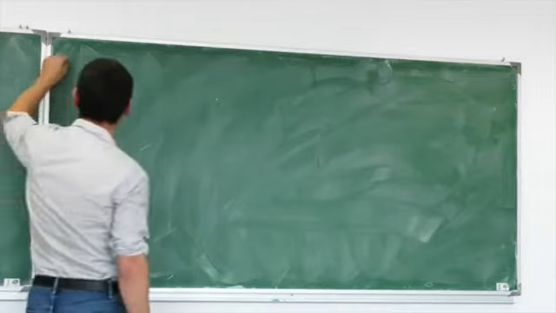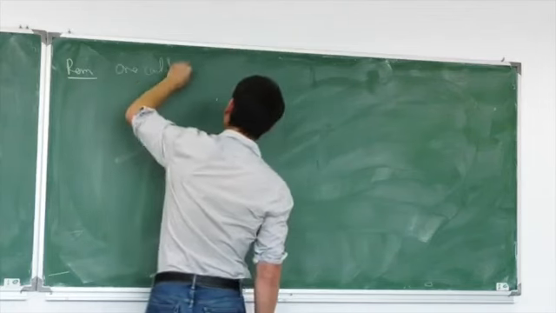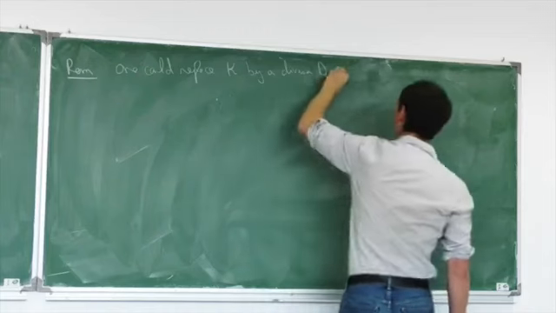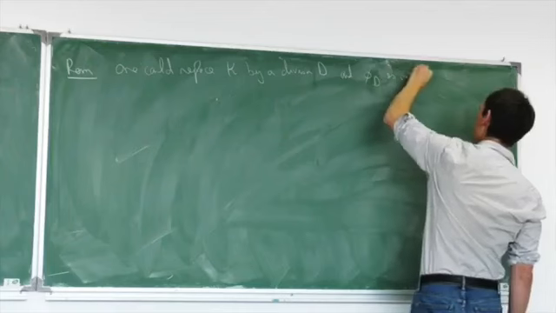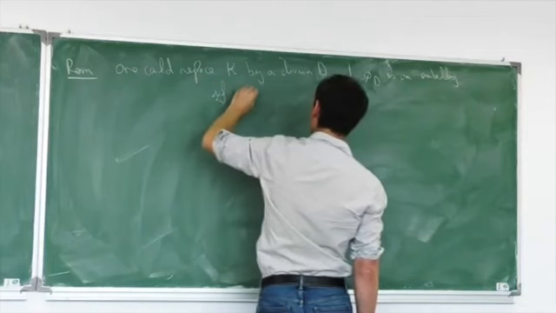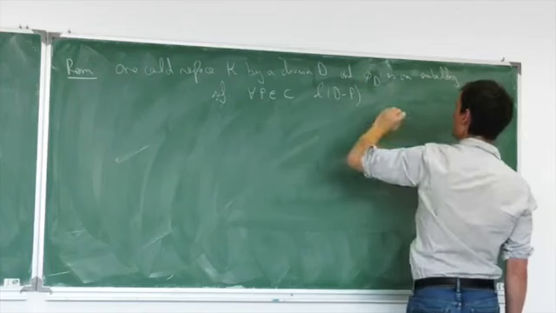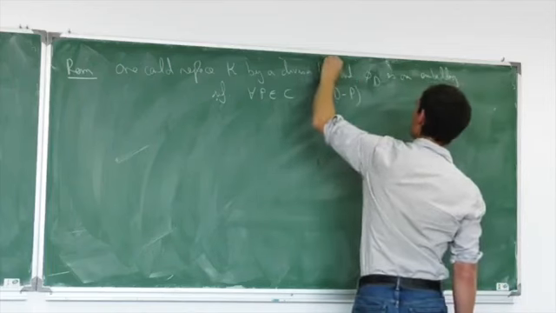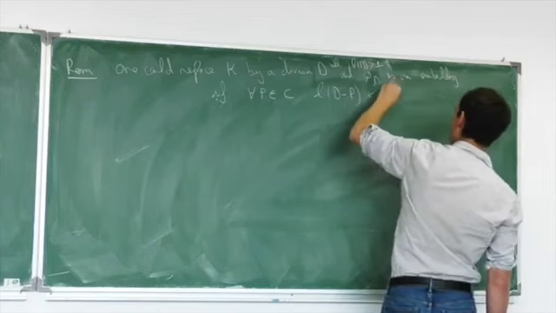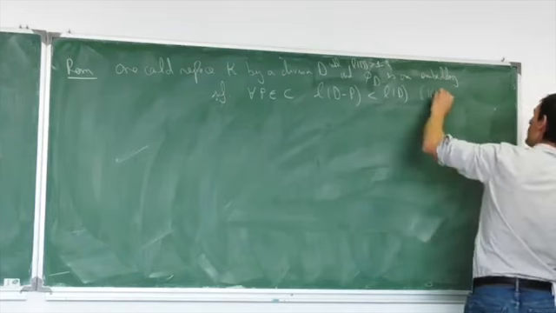A remark. What I did for kappa, if you look at the proof, one could replace kappa by a divisor D, and the same proof would give you that phi of D is an embedding if and only if, for all P on the curve, L of D minus P is always smaller than L of D, with L of D greater than 1 so that the map is well defined. This property means that the linear system associated to D is called base point free.